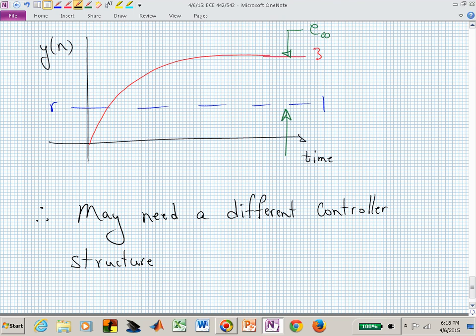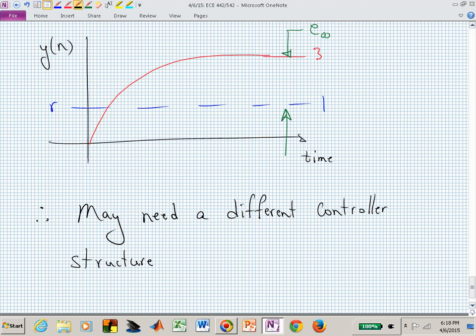So the controller structure, what's our controller structure? What were we assuming? Just a gain, a proportional controller. Maybe that's not what we need. Maybe we need a PI controller. That's what I mean by a different controller structure. A PI controller will give us more parameters to adjust, and it might be able to reduce that steady state error.